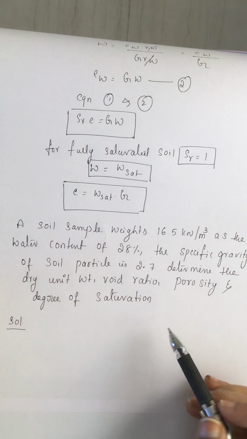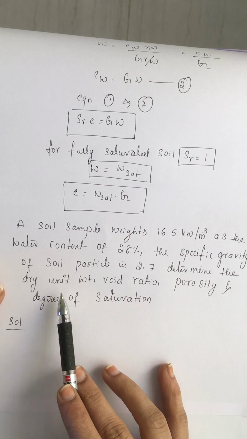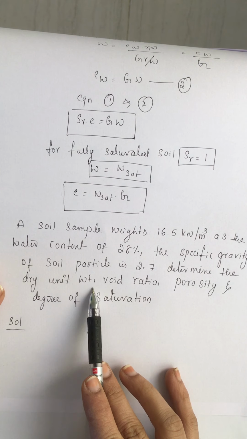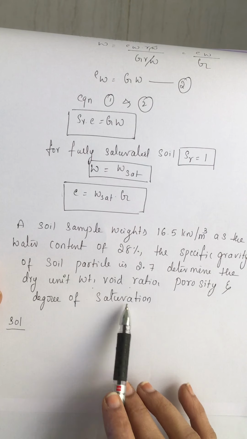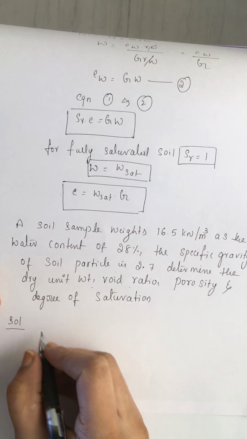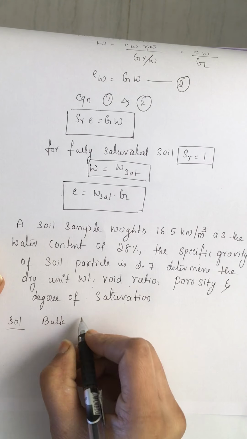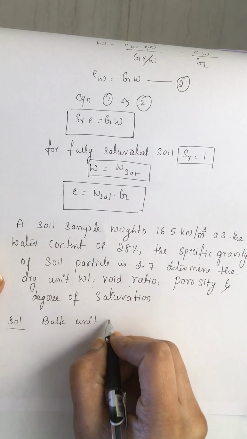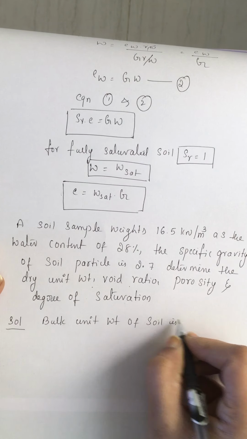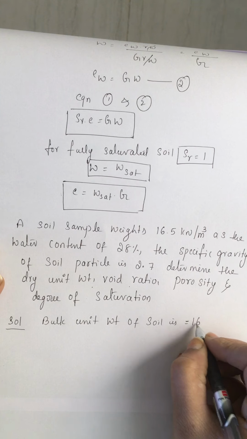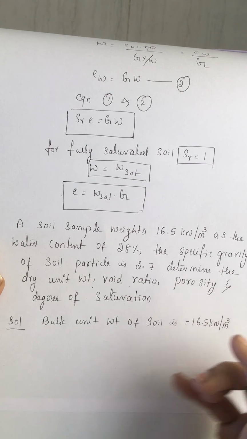You need to find out, by taking the given values, the dry unit weight of the soil as well as void ratio, porosity and degree of saturation. So write down, bulk unit weight of the soil is, they have given in the problem, 16.5 kilonewton per meter cube.